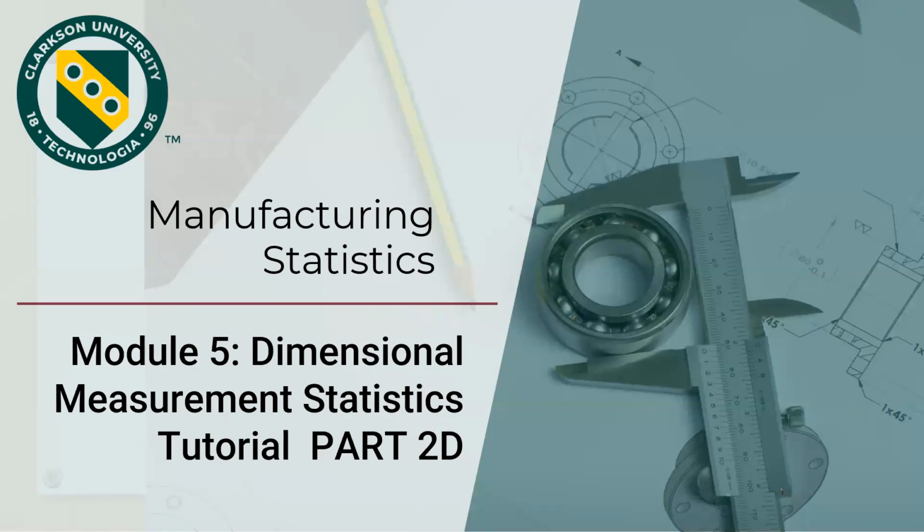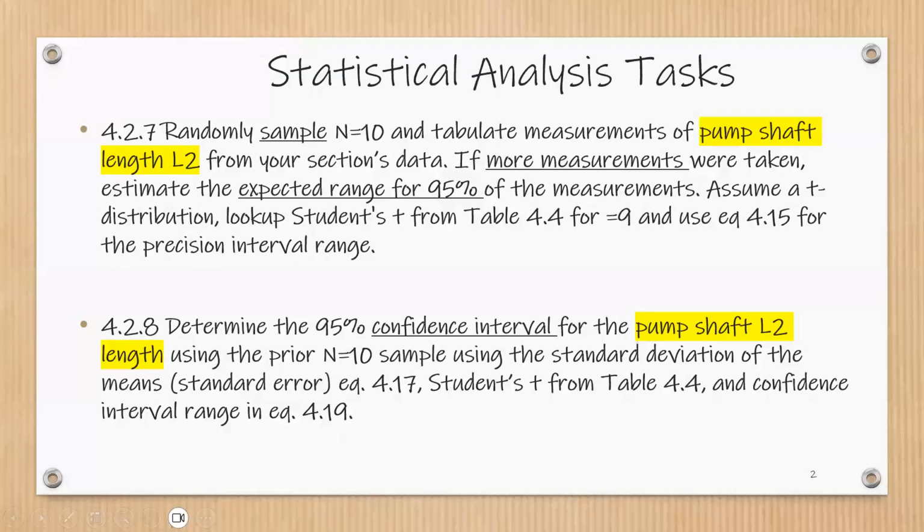Next, we'll take a look at a couple of analysis tasks related to a sample. So the idea is that for pump shaft L2, we need to take a random sample of size 10, tabulate measurements for one section, and then ask the question: if more measurements are taken, what's the expected range for 95% of the measurements?